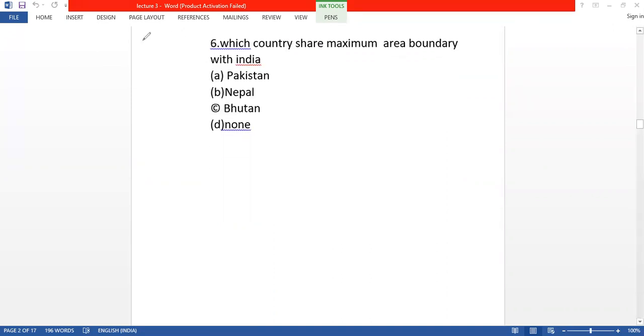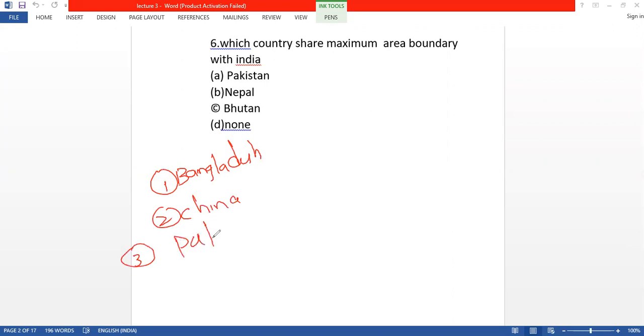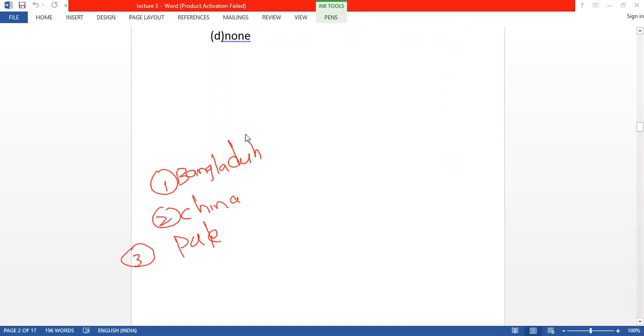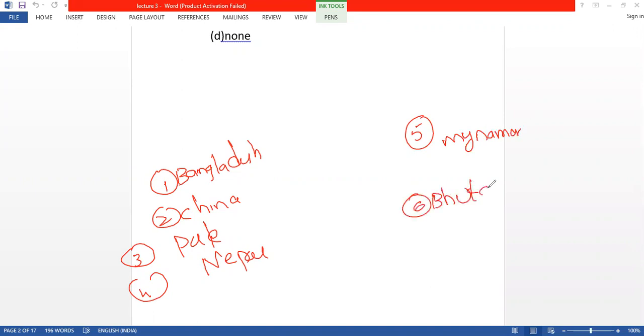In total, we share boundaries with these countries. First, Bangladesh. Second, China. Third, Pakistan. This is the order of decreasing bordering length. Fourth, Nepal. Fifth, Myanmar. Sixth, Bhutan.